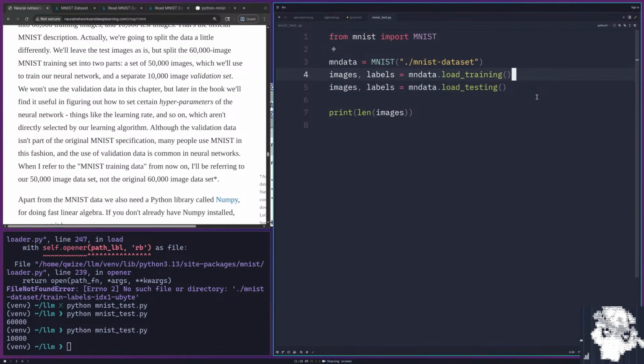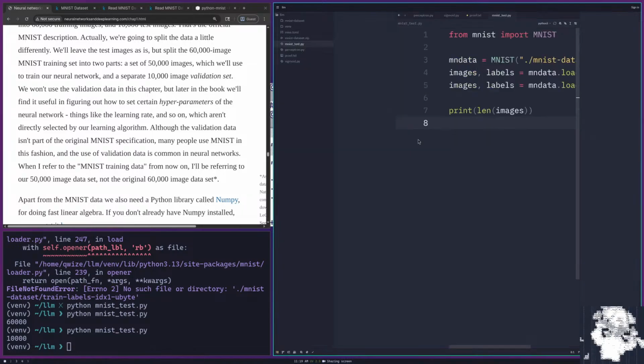So I guess we can rename this from mnist test to mnist. Just call it mnist. We can't call it mnist. That's already the name of the library. We'll call it mnist data, or just data loader.